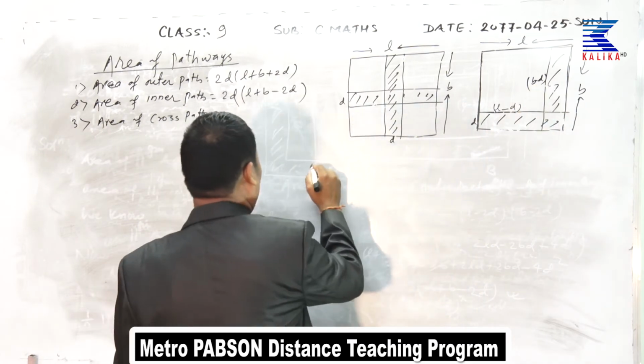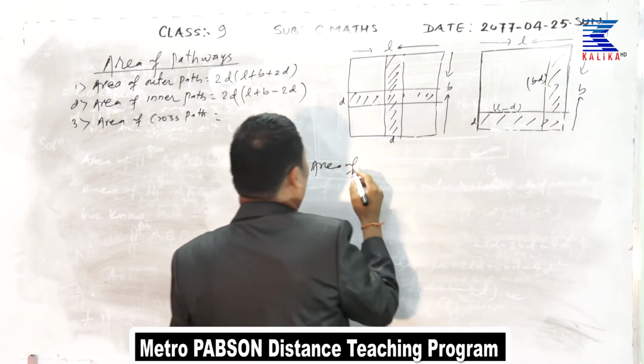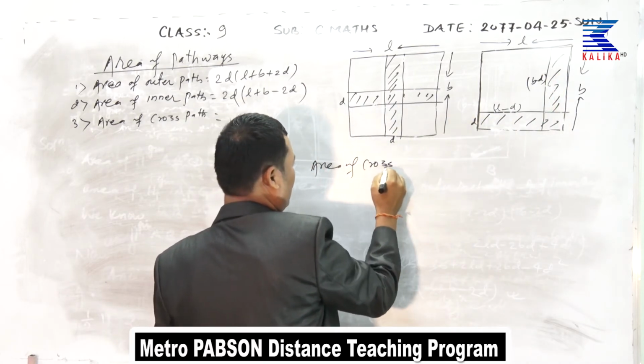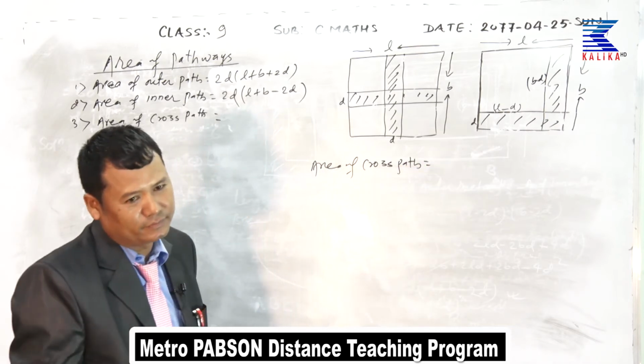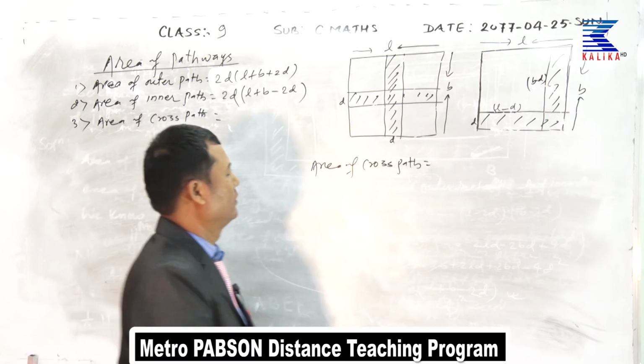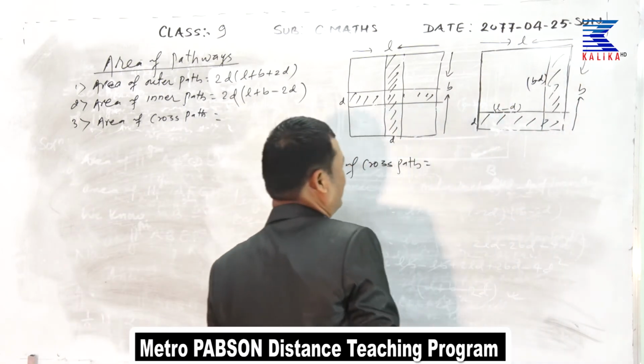And if you find the area of cross path, it is the area of the big rectangle minus the area of the small rectangle.